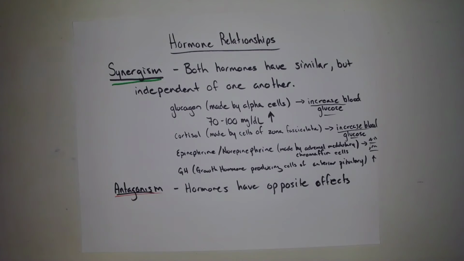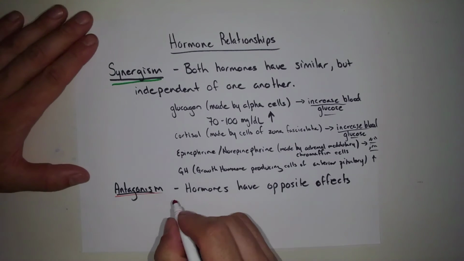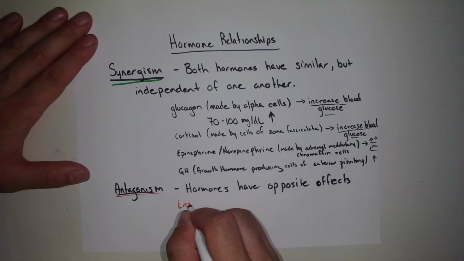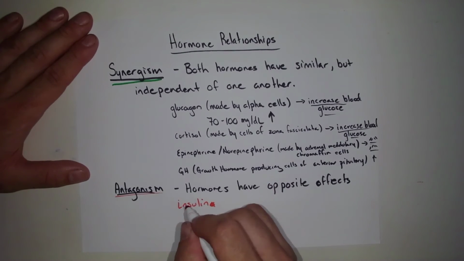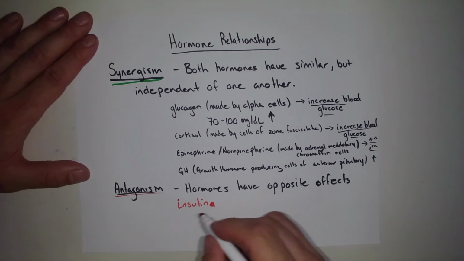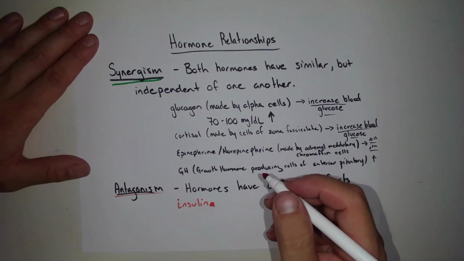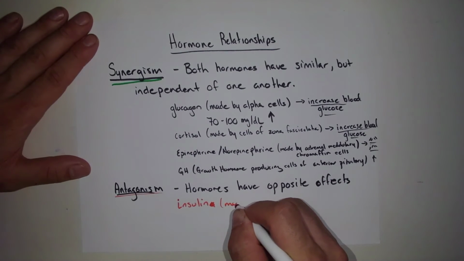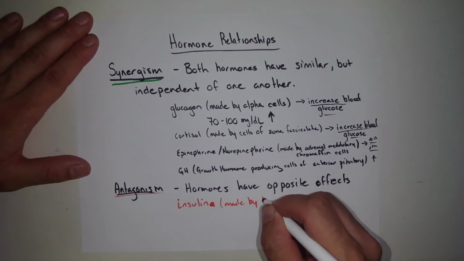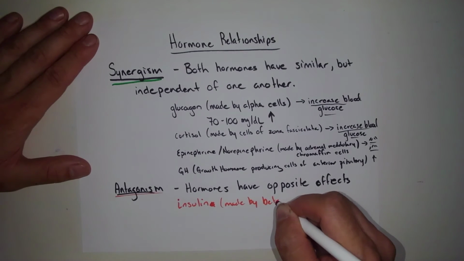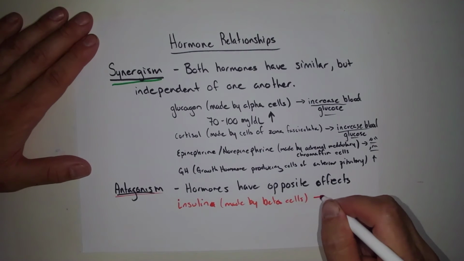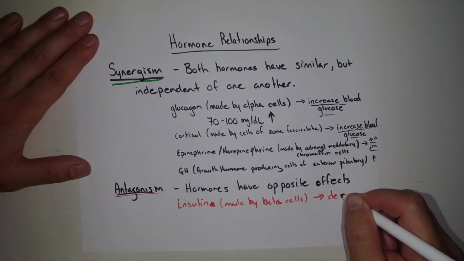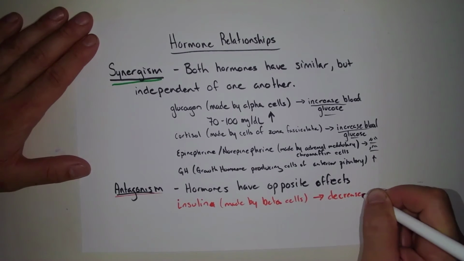So, for example, glucagon causes the release of glucose, but insulin decreases blood glucose. These are actually made by beta cells of the pancreas. And these are going to decrease blood glucose.